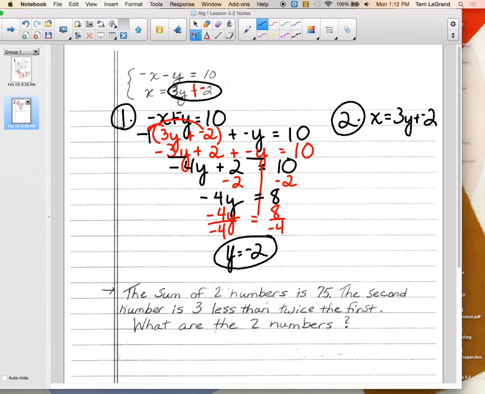Let's put our negative 2 in for the y and get our x value. What is 3 times negative 2? Negative 6. So what is our x? Negative 8. So now we know our x value also.